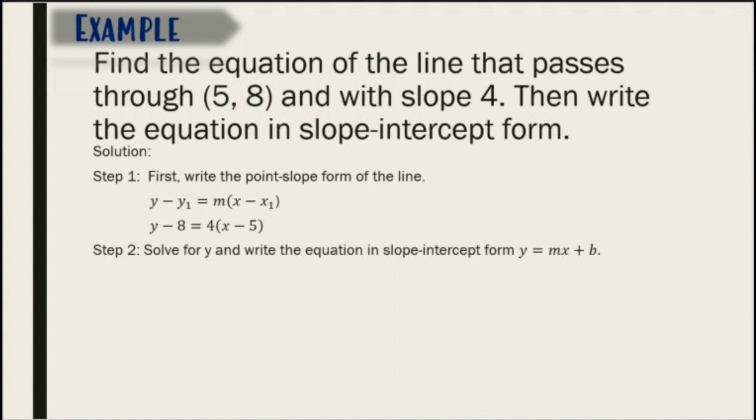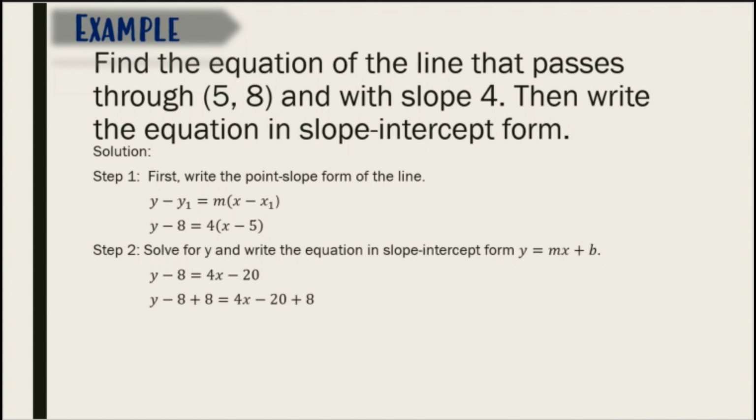Step 2. Solve for y and write the equation in slope-intercept form, y equals mx plus b. Apply the distributive property to get y minus 8 equals 4x minus 20. Next, add the 8 on both sides to write the equation in slope-intercept form.